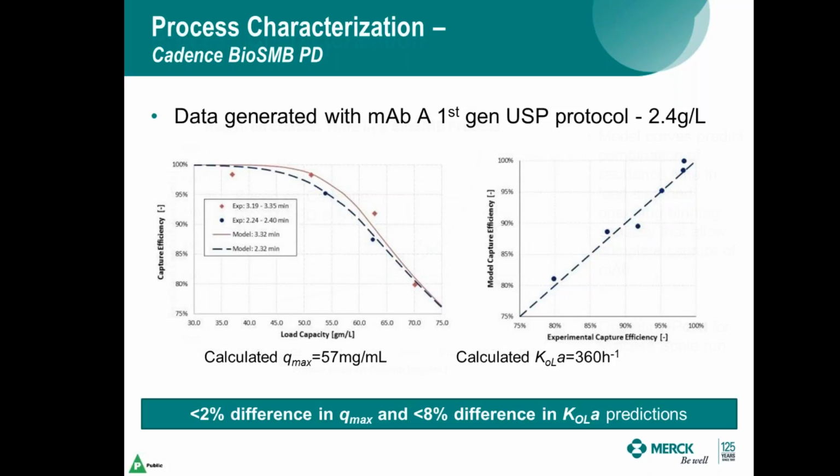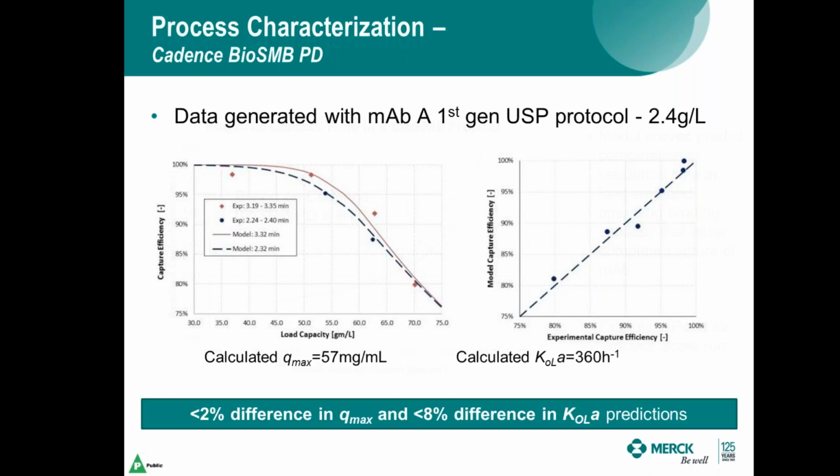However, when you look at the load capacity versus the capture efficiency from these experiments at different flow rates, you can also back calculate the Qmax and the mass transfer coefficient very nicely from this analysis. And here you can see less than 2% difference in the two methods between the Qmax that was observed, the maximum static binding capacity, and the mass transfer coefficient, KOLA.